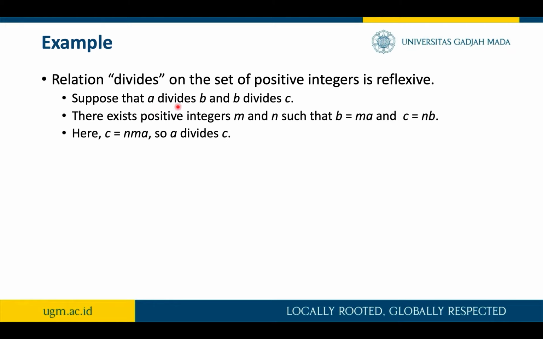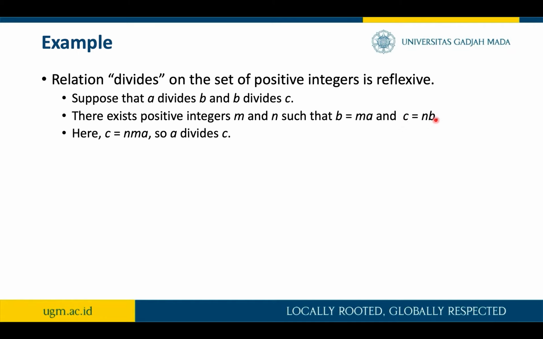Then the relation divides on the set of positive integers, which is also reflexive, should also be transitive. Suppose that a divides b and b divides c. It means that there exist integers m and n such that b = ma, because a divides b, and c = nb because b divides c.